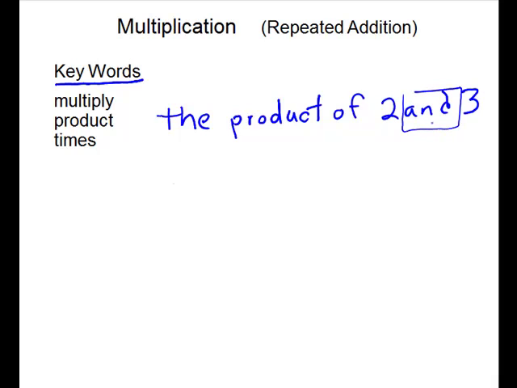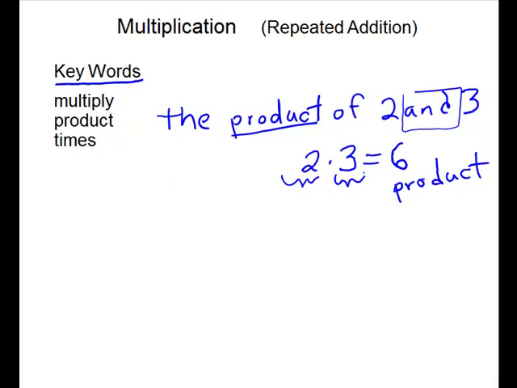It does not mean add. Product is your operation word, so this is 2 times 3. The product is actually the answer to a multiplication problem. So the product of those two numbers is 6. So product is the answer to a multiplication problem. It tells you to do multiplication. These two pieces that were multiplied are called factors.